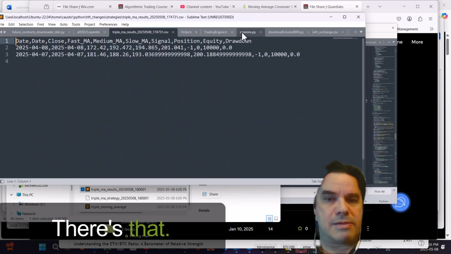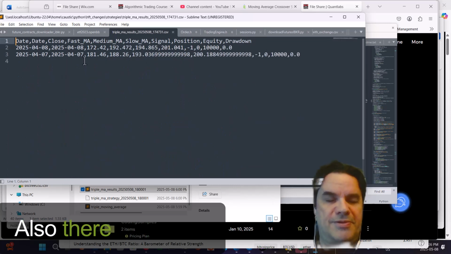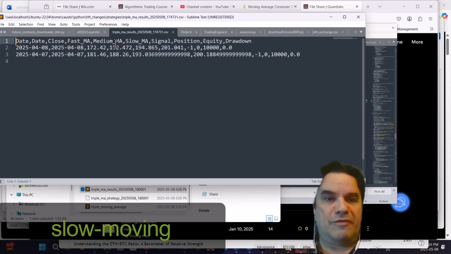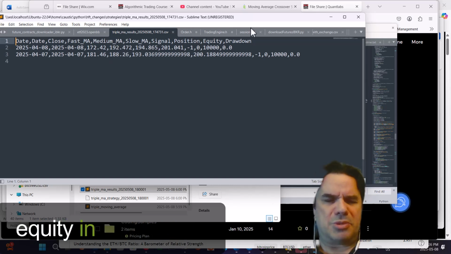Also in there, we've got this other file, which is the results as well, with the close price, fast moving average, medium moving average, slow moving average, the signal, position, equity, and drawdown. So that's probably on a daily basis.